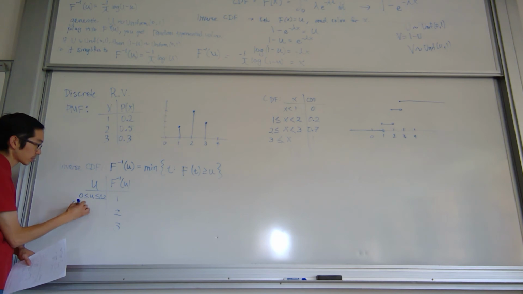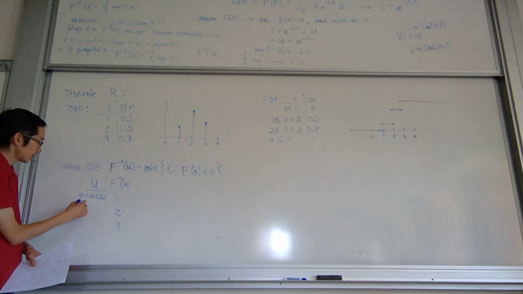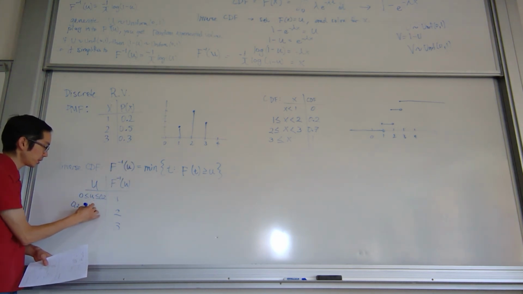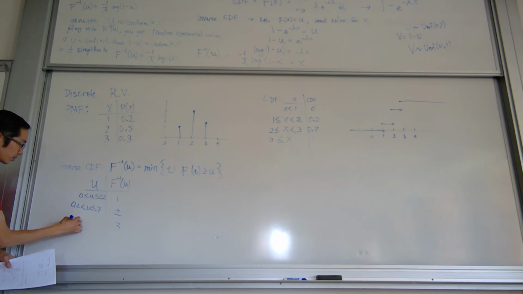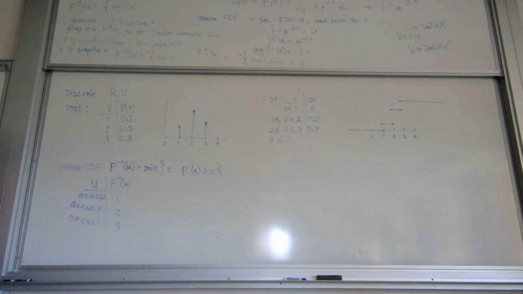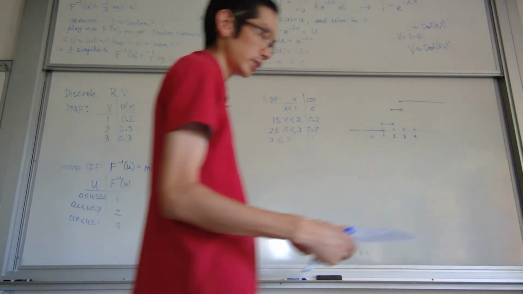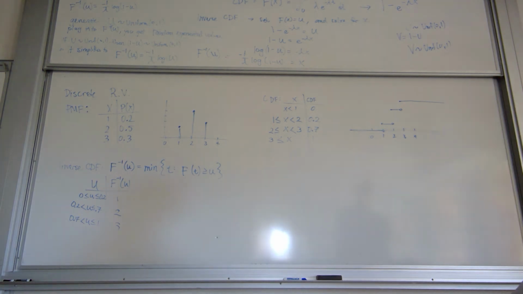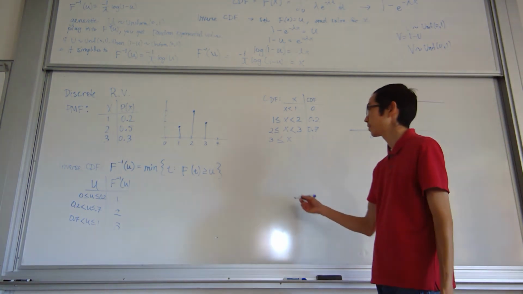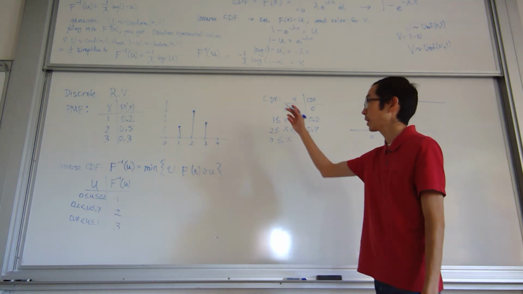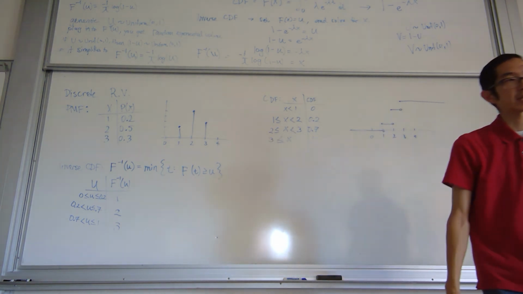And then from 0.2 to 0.7, it will map to 2. And then from 0.7 to 1 will map to 3. Okay, so u is defined on the interval 0 to 1, and it will map to all the values in x.